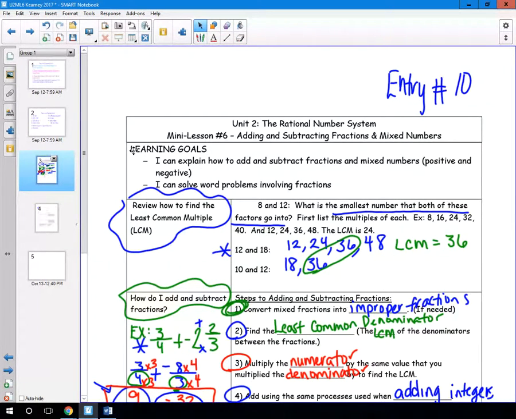So our first learning goal said that we should be able to explain how to add and subtract fractions and mixed numbers. So right here. And we did that. We were able to add and subtract both positive and negative fractions and mixed numbers. And then our learning goal 2, we will do when we come to our station with the word problems, okay? So right now, just try that number 1 on the back and we will be happy to answer any questions you have. All right, good job, guys.